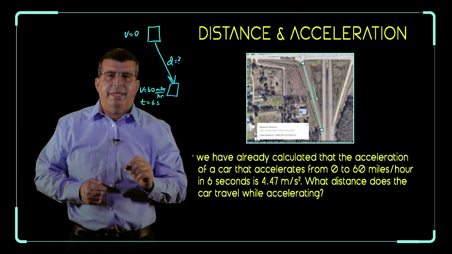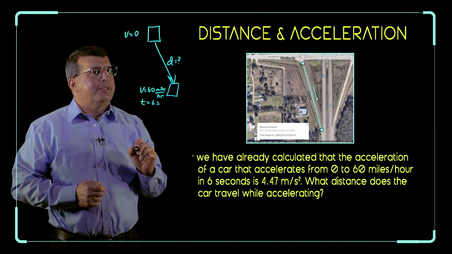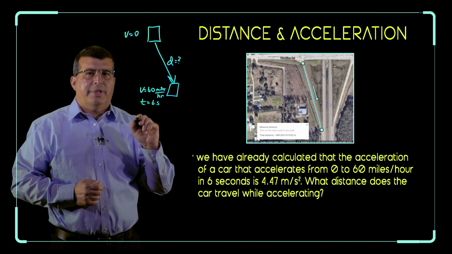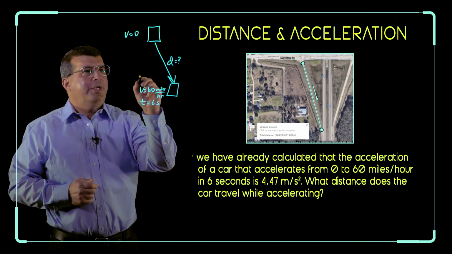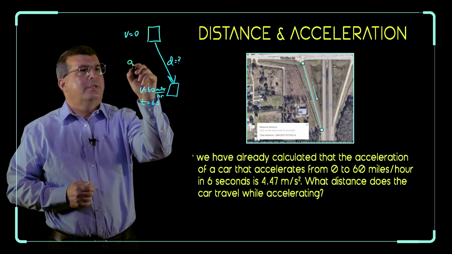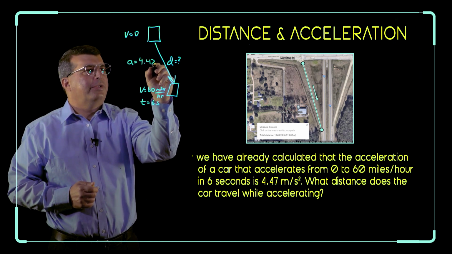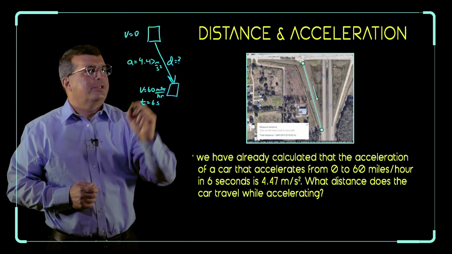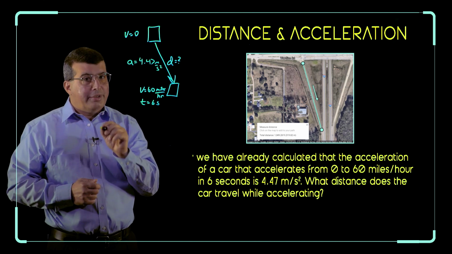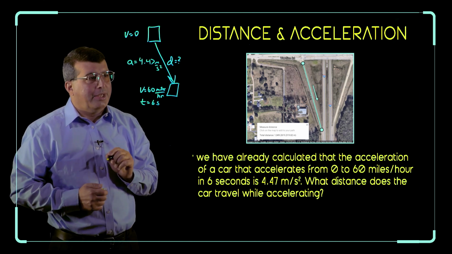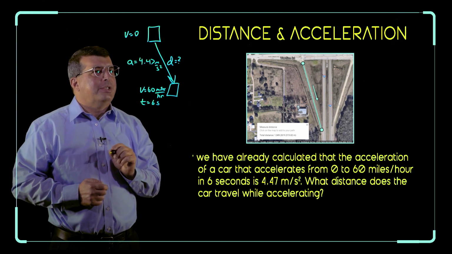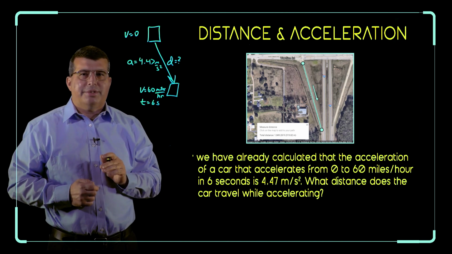And we already calculated that the acceleration was equal to 4.47 meters per second squared. You could calculate that now, but we already did calculate that in a previous situation. And the question is, what is the distance?